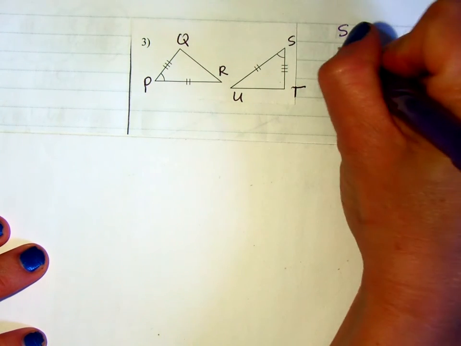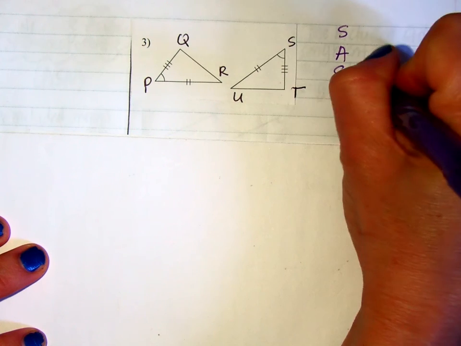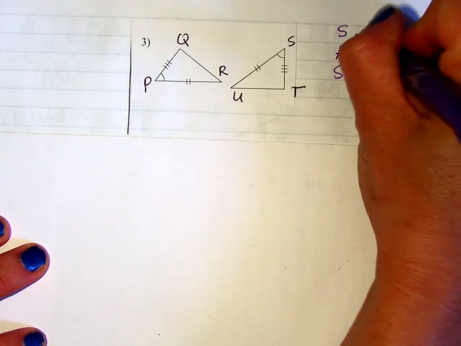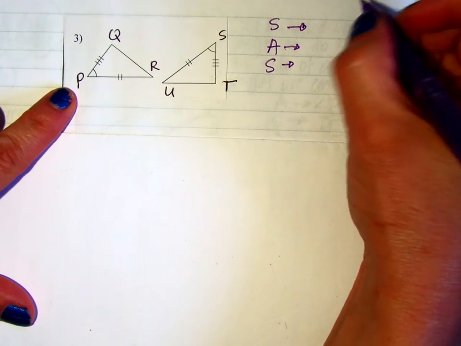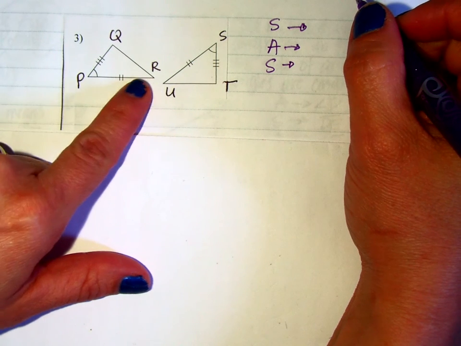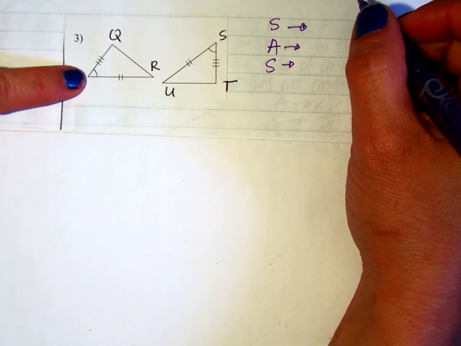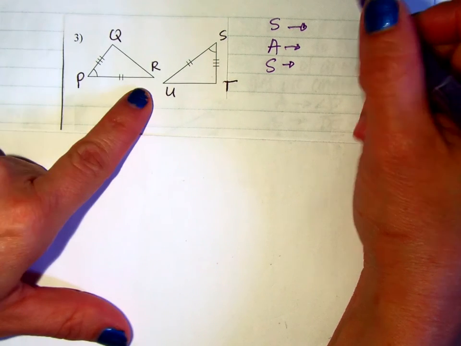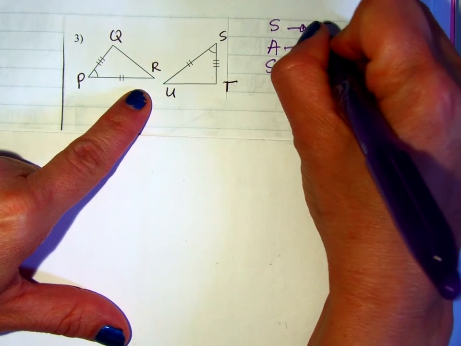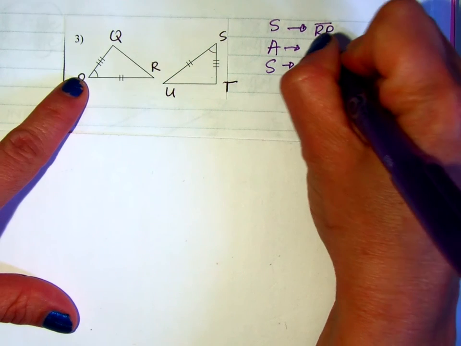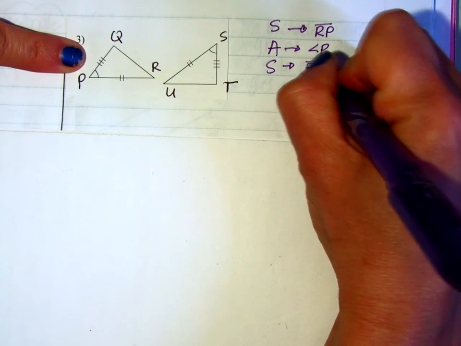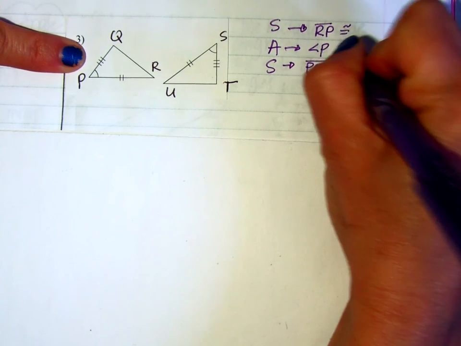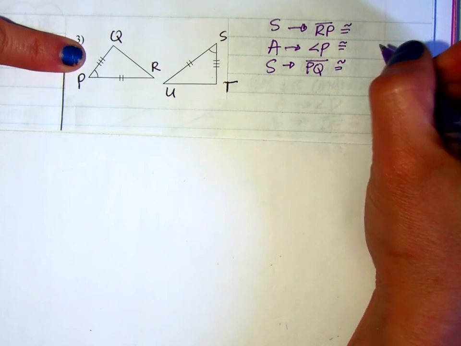So let's build our proof. What matches up with what? For the first triangle, I'm starting from the side with two markings, going to the angle, and then going to the side with three markings. So side RP, angle P, and side PQ. Now we just need to see what is congruent to each piece.